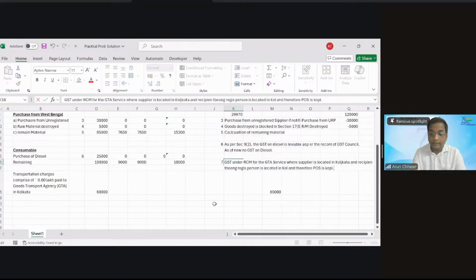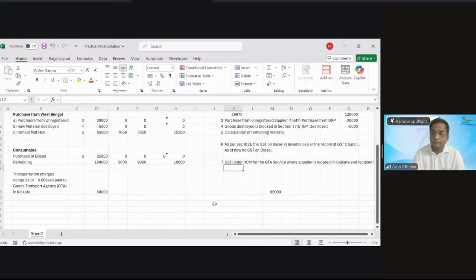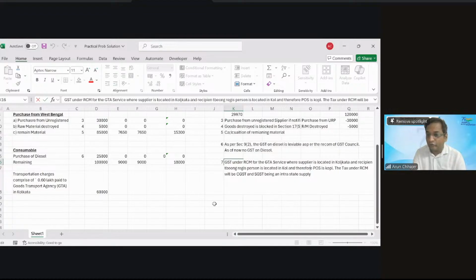Correct? And the tax under RCM will be CGST and SGST, being an intrastate supply. If you remember the place of supply provision, you can write section 12 subsection 8 of the IGST Act. Am I right?